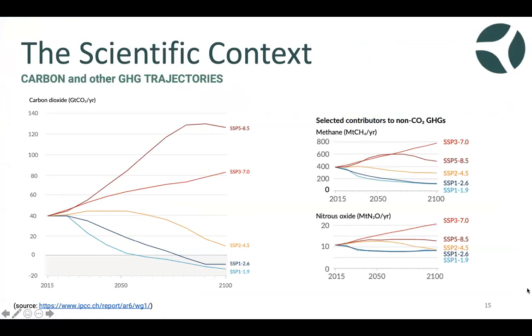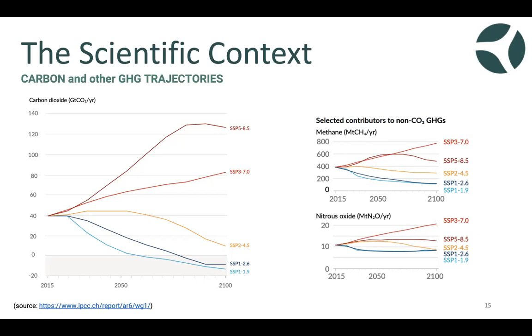The latest IPCC report has produced different pathways and trajectories. So I just wanted to highlight some of those which refer very specifically to greenhouse gases. The bigger one, to the left, is on carbon dioxide. And what the IPCC has shown here is if we keep, for example, a trajectory that is very reliant on fossil fuel, fundamentally introducing no change, then the carbon dioxide will keep on rising.